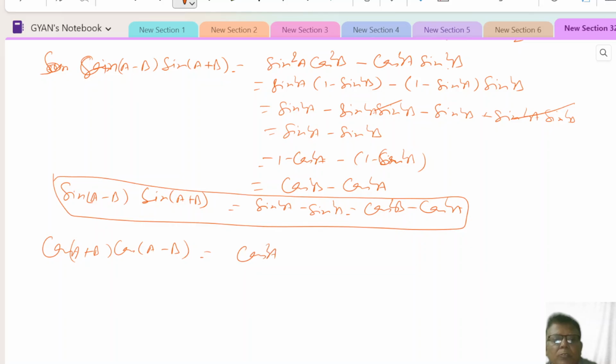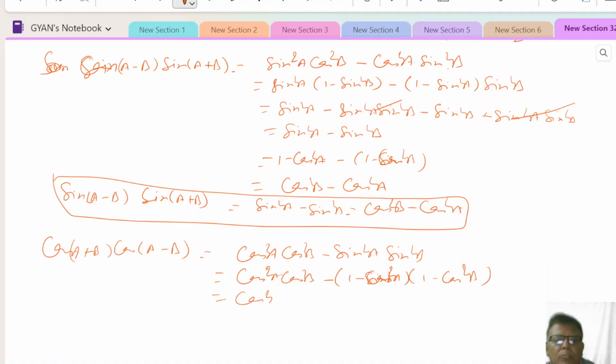So that will be cos square A into cos square B minus sin square A into sin square B. So this you convert into cos square A into cos square B minus (1 minus cos square A) into (1 minus cos square B)... so cos square A, and minus plus cos square B, and minus cos square A into cos square B.